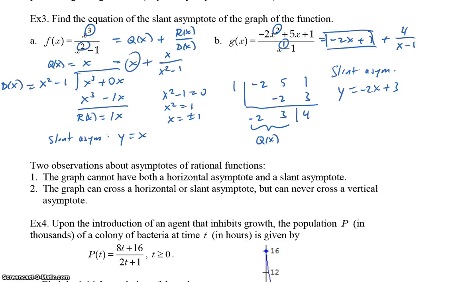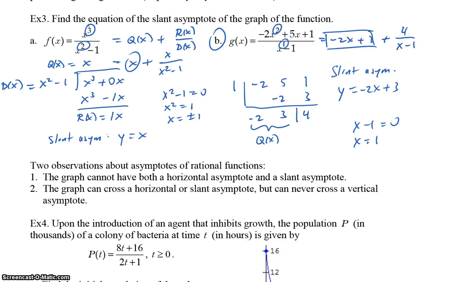And I'll just point out here again in example 3b, if you look at the denominator of x minus 1, if you set that equal to 0, you get x equals 1, and that is the equation of the vertical asymptote that I just pointed out in the graph of this function g.